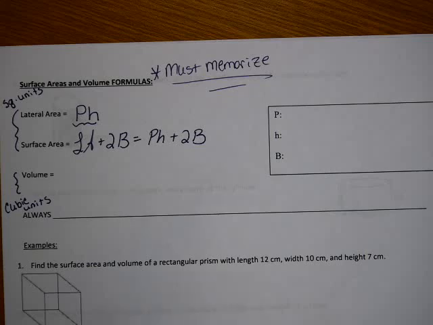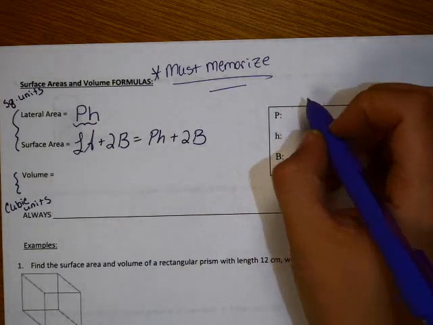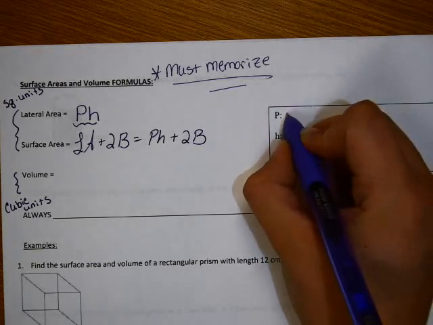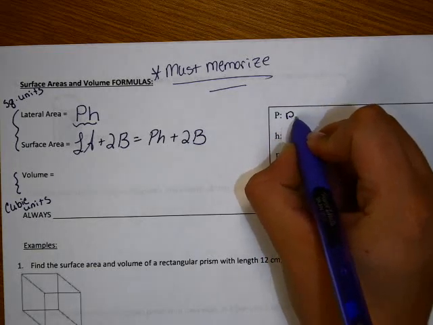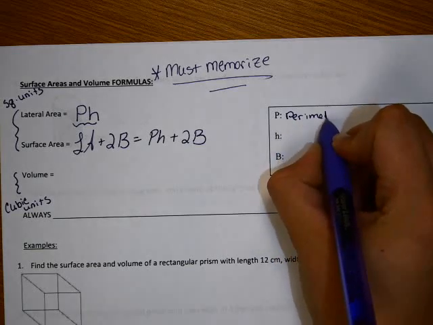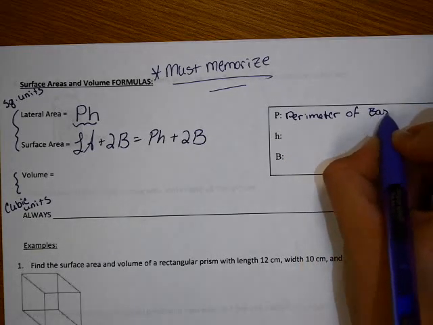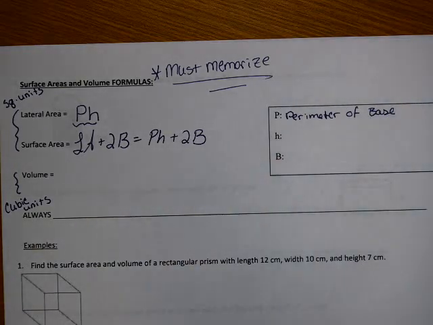So for each example, these are the things we need to find in order to find the volume, or the surface area, or the lateral area. We need to find P, capital P, the perimeter of the base. H would be the height from base to base.